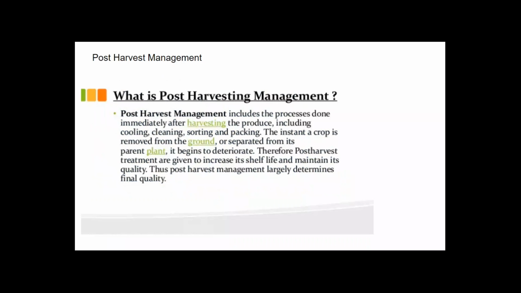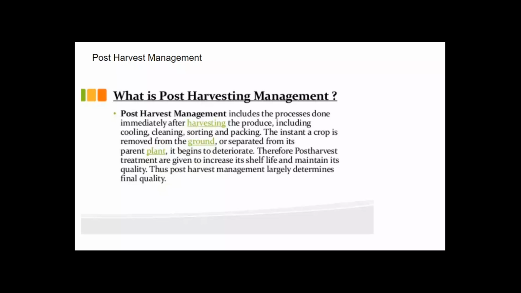Then we have post-harvest management, and this includes processes done immediately after harvesting, including cooling, cleaning, sorting, and packing. The instant the crop is removed from the ground or separated from its parent plant, it begins to deteriorate. Therefore, post-harvest management is given to increase shelf life or maintain quality.